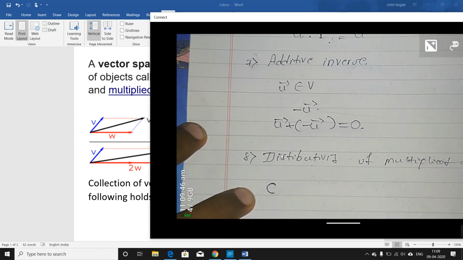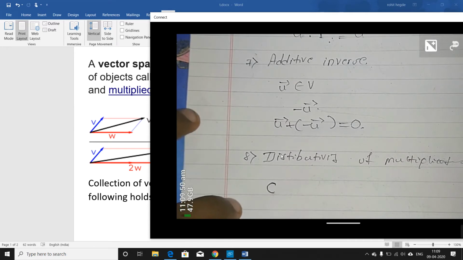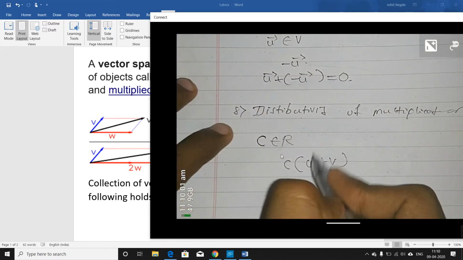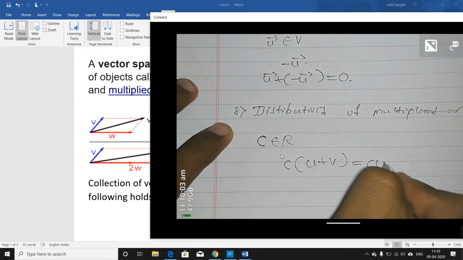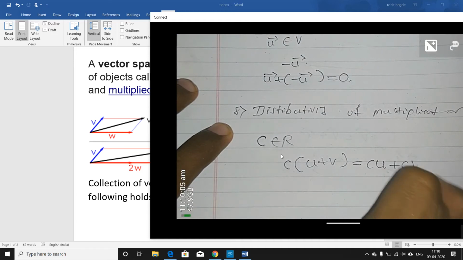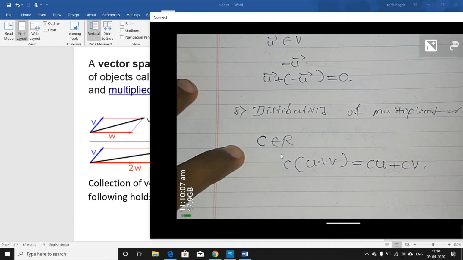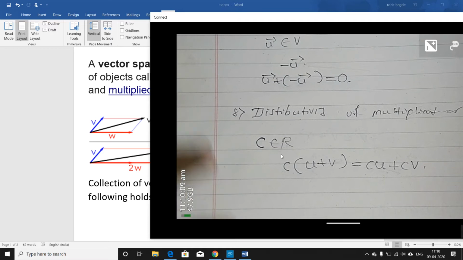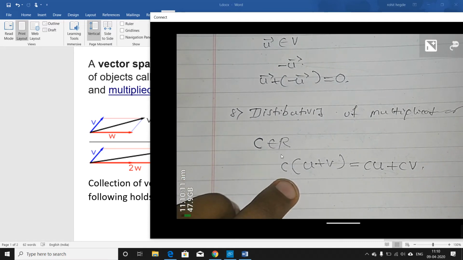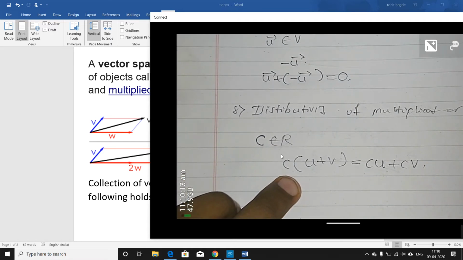Instead of saying these constants belong to vector space V, we can say c belongs to R. This is one constant. Then we have c into (u plus v) equals cu plus cv. This is the distributivity of multiplication.